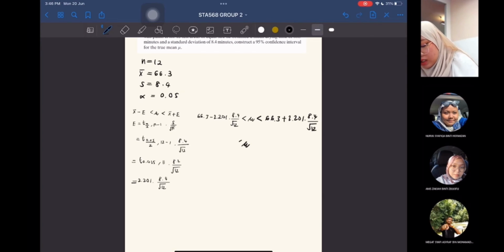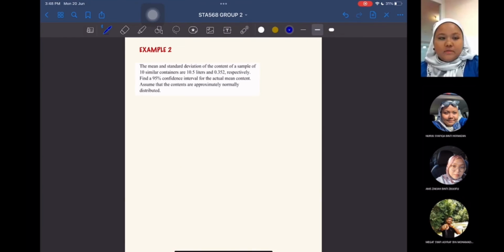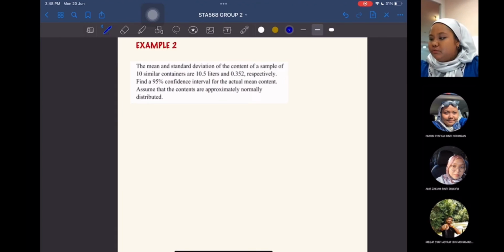I already inserted the values into the calculator and I got 61.0 and 71.6. 61.0 is the lower confidence limit and 71.6 is the upper confidence limit. So we will move to example 2.